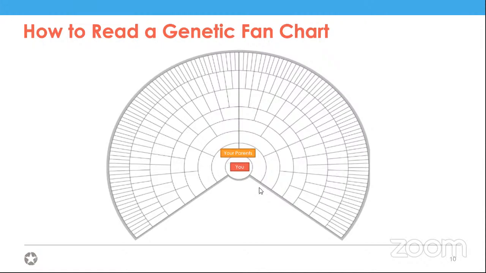So as we go up, they each have a set of parents, which would be your grandparents. So if we look here, these 2 circles right here, or these 2 rungs here, are going to belong to your mother's side here. Anything on this side of that black line is mother. Anything on this side of the black line is your father.